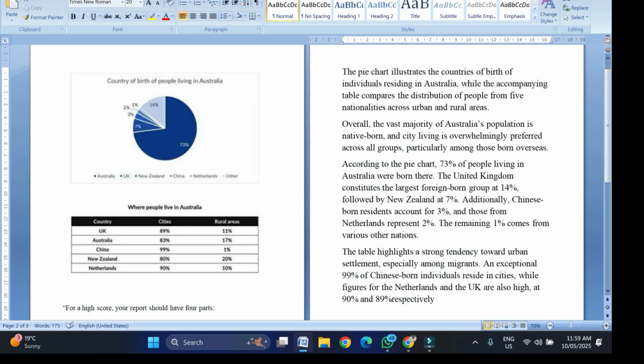So you can see I'm completing 2 points in just one line. You can use this strategy.